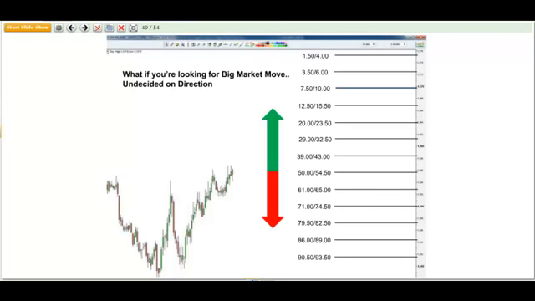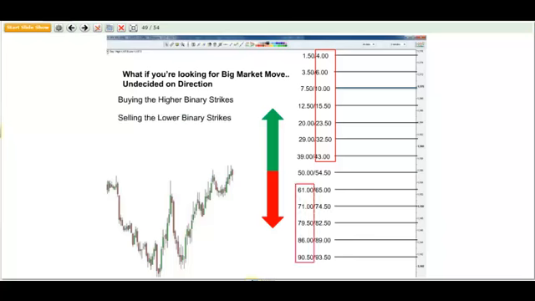Essentially, you're buying like an out of the money call and an out of the money put. So you're looking at the higher binary strikes, buying those. These are possibilities. Selling the lower strikes. These are possibilities.